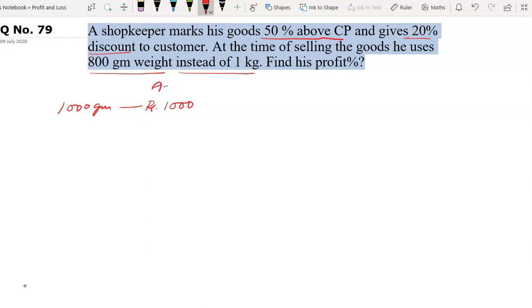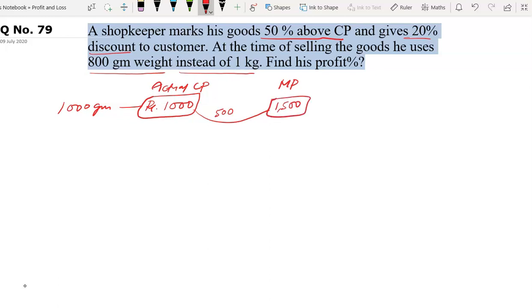So this is the actual CP, cost price. Now the shopkeeper marks his goods 50% above CP. So 50% of rupees 1000 will be how much? 500. So this is his mark price. So 1000 plus 500, 1500.